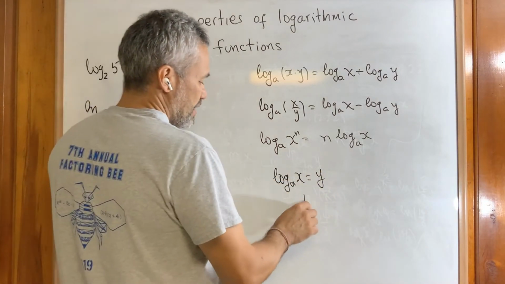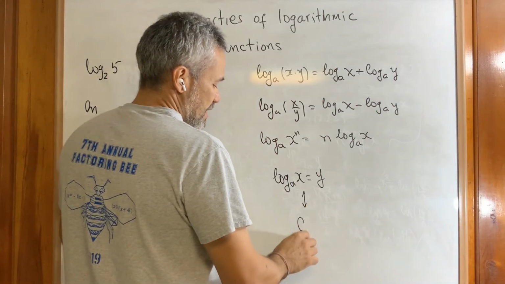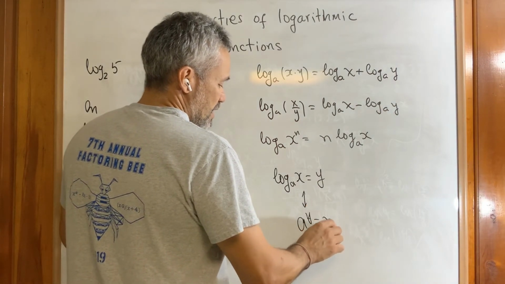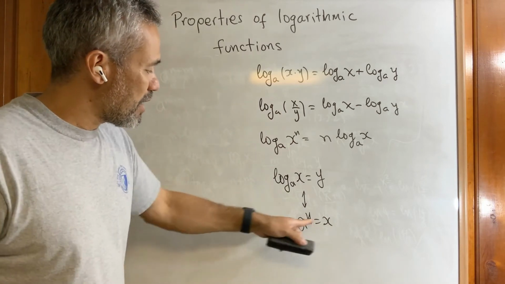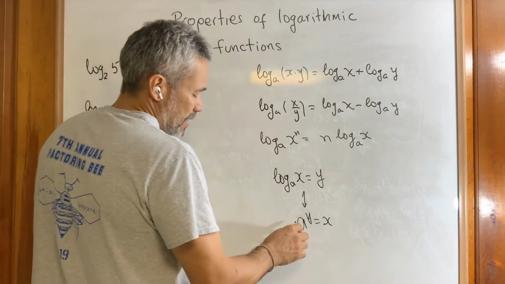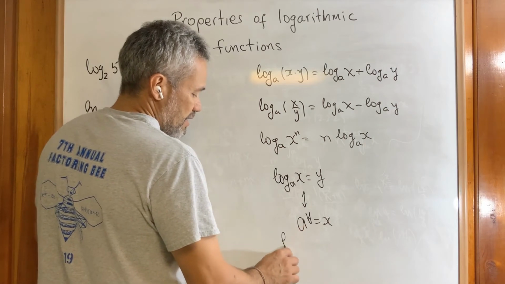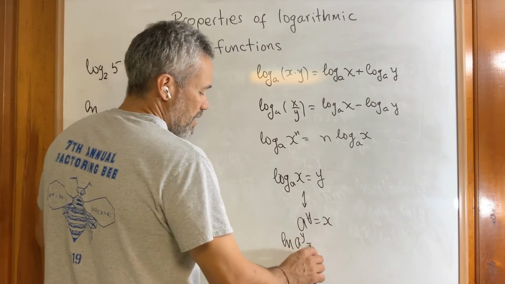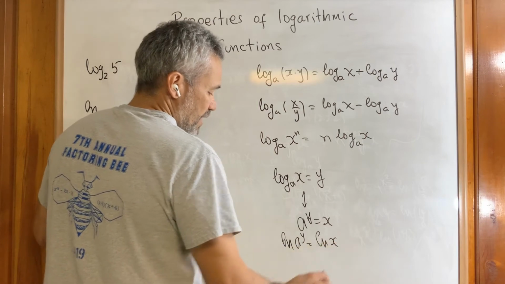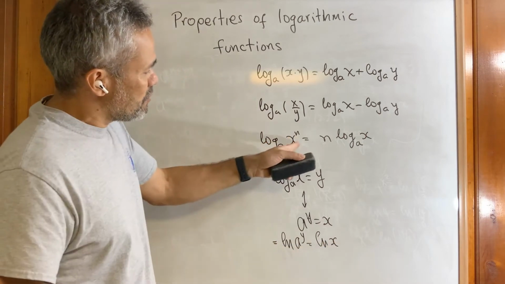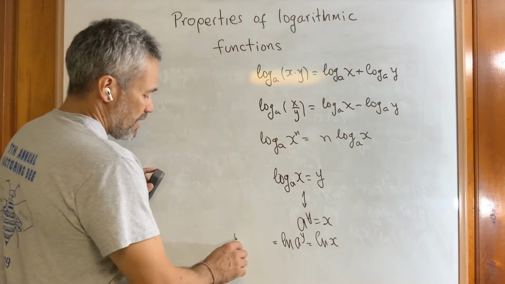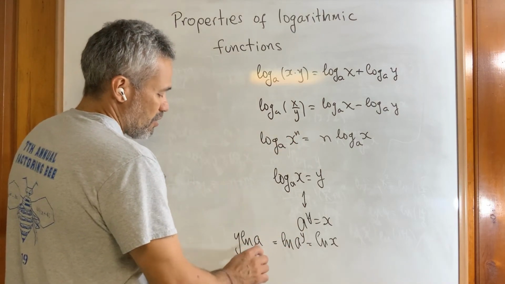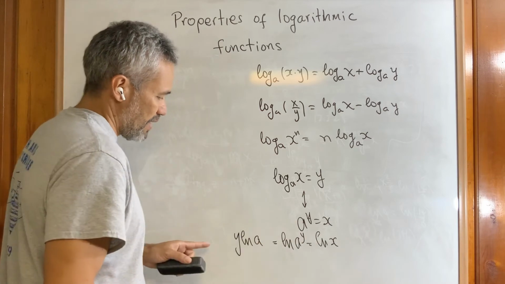Then when we rewrite this, we have that a to the y is equal to x. But now let's apply natural log in both parts. Then we get natural log of a to the y equal natural log of x. But because of this property, the y, which is an exponent, goes down, and we get that y natural log of a is natural log of x.